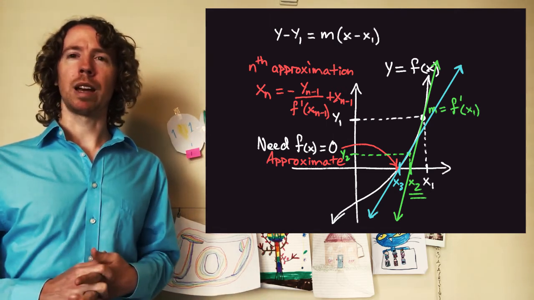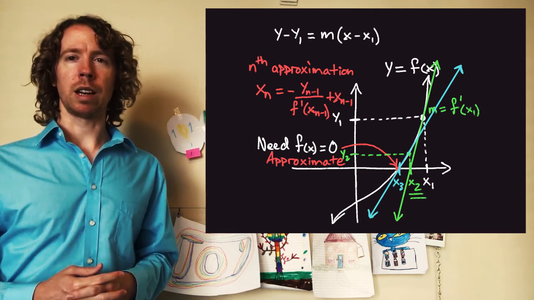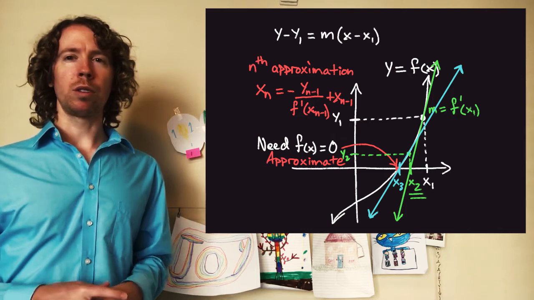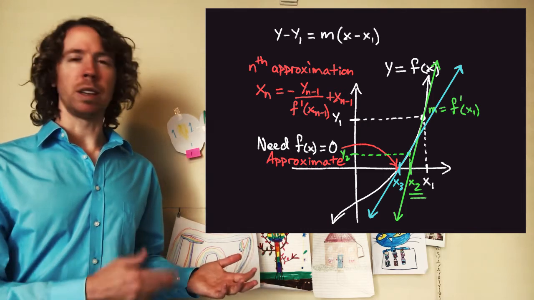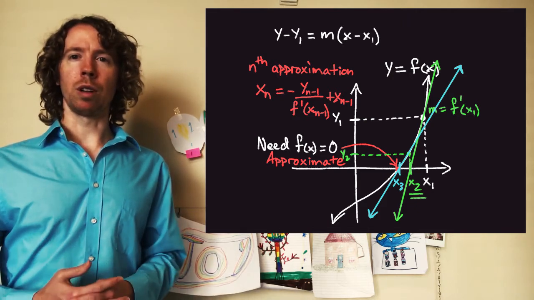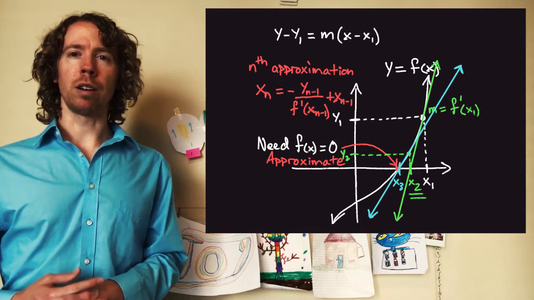That's the theory, and I will make a video giving you a nice, simple example of how you can work this out. You wouldn't want to do many steps here by hand, but again, a computer can do it really nicely, and that's really the whole point of this in modern day.